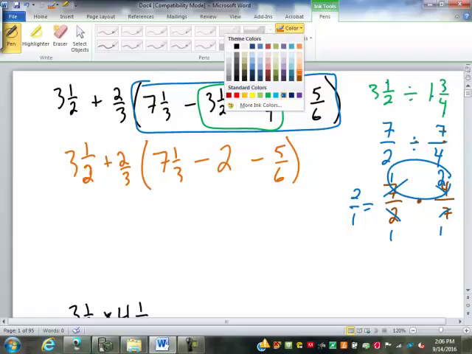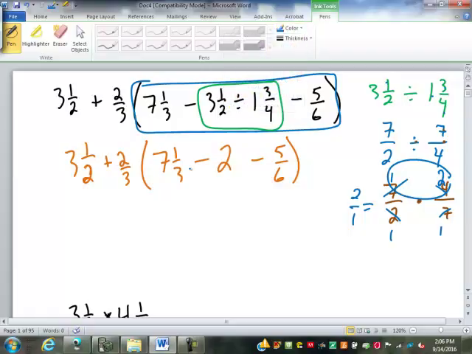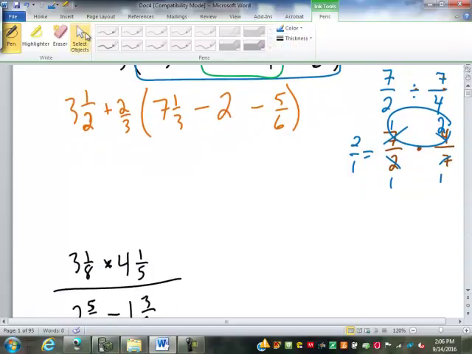So now we're looking at 7 1/3 subtract 2 as being the next operation we have to do. When we add or subtract, we need common denominators. But the 2 is just a whole number. It doesn't have a fraction. So to work with that, we can do it a couple of different ways.